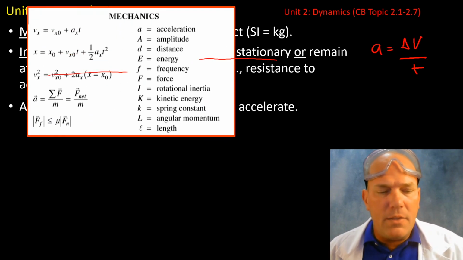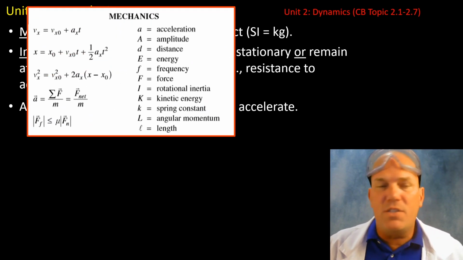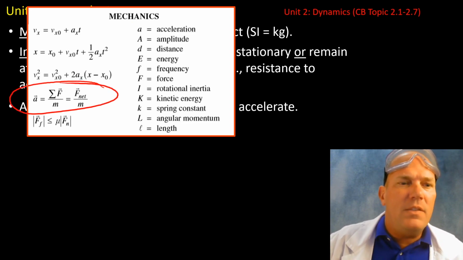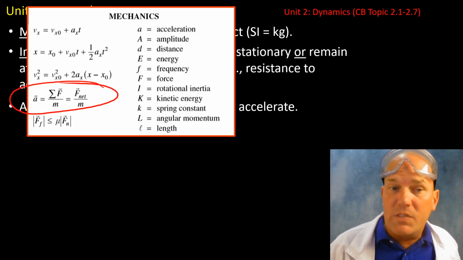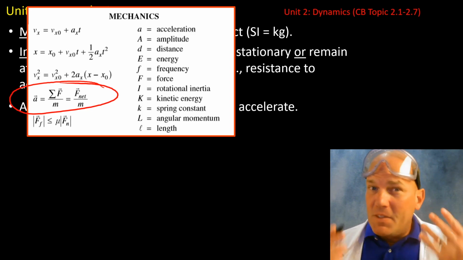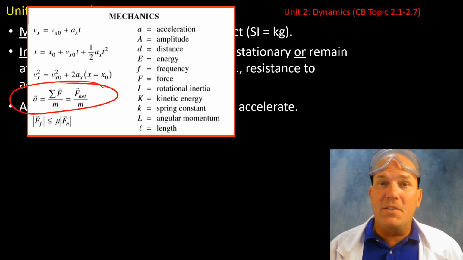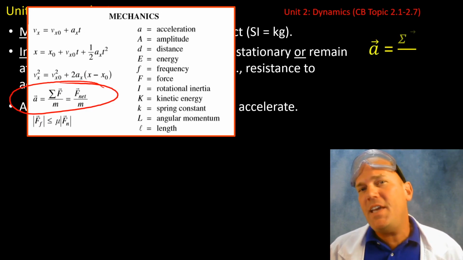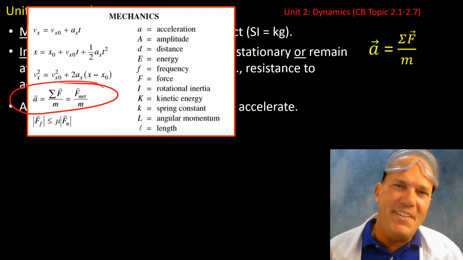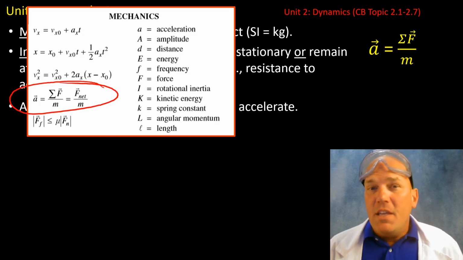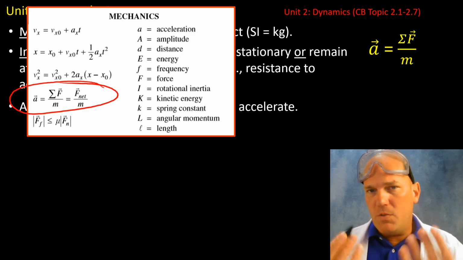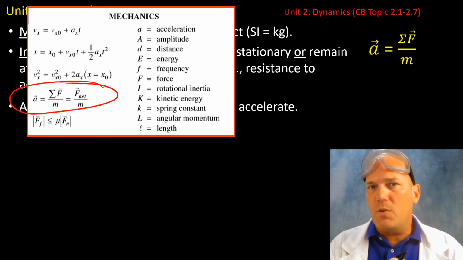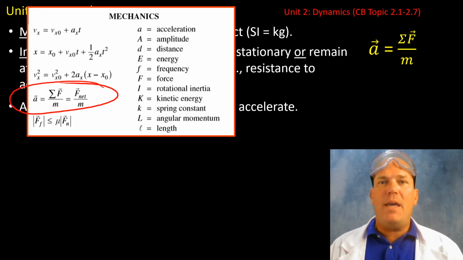Let's go ahead and look at your College Board equation sheet. I want to talk to you about this equation here that we will use for the remainder of the course and certainly throughout this particular unit. What this is saying is that acceleration, which is a vector quantity, is equal to the sum of the forces, which you know is a vector quantity, divided by the mass.